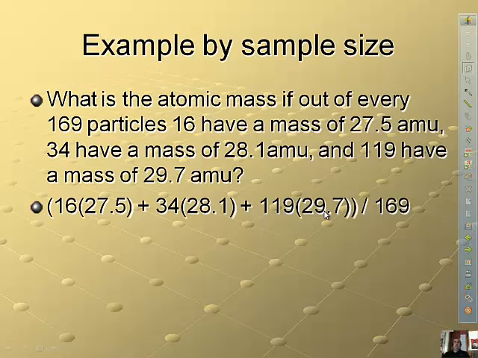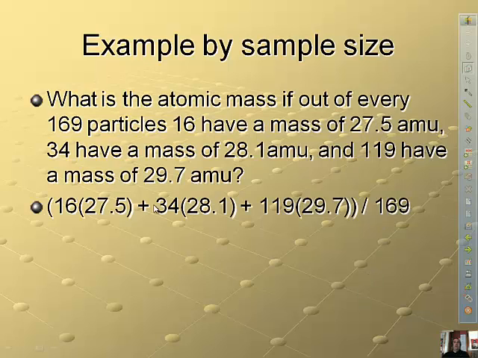Now, because this one is by sample size, we have to do an extra step. We have to divide it by the total population. And the nice thing about the other one was percentages are out of 100. And when you convert 100 into decimal form, that's just 1. And anytime you divide something by 1, it's just going to be itself.